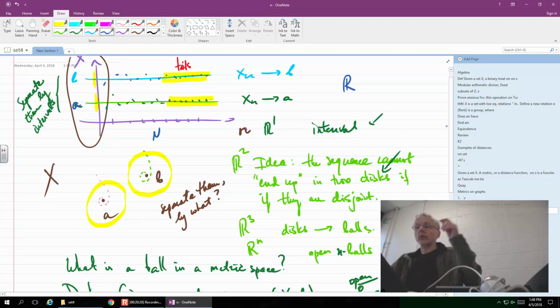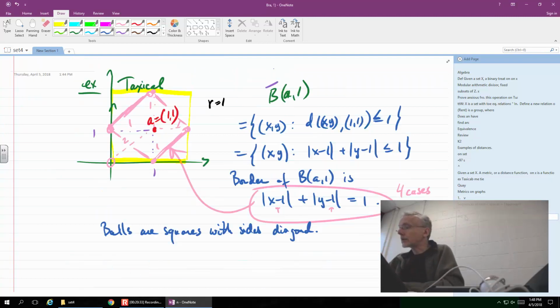So we make those disks small and smaller and smaller, and every time the tail of the sequence will eventually be in that ball, no matter how small it is. So we use the balls or disks here, or intervals, but we could use these too. If you think about it, they're really no worse at all.